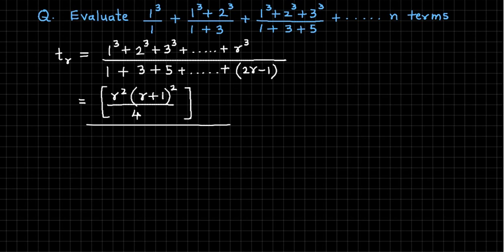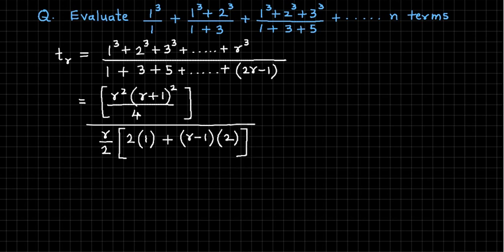So therefore we use the formula for sum of n terms of the arithmetic progression. Now here the terms are r in total, so therefore we will have r by 2 into bracket 2 into first term, which is 1, plus number of terms minus 1, so that is r minus 1, multiplied with the common difference, which is nothing but 2.